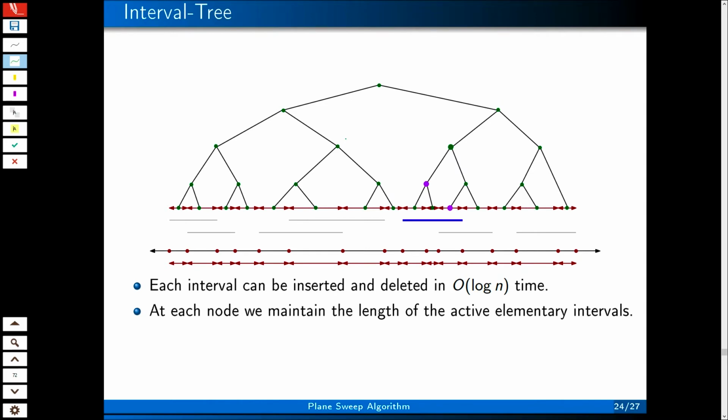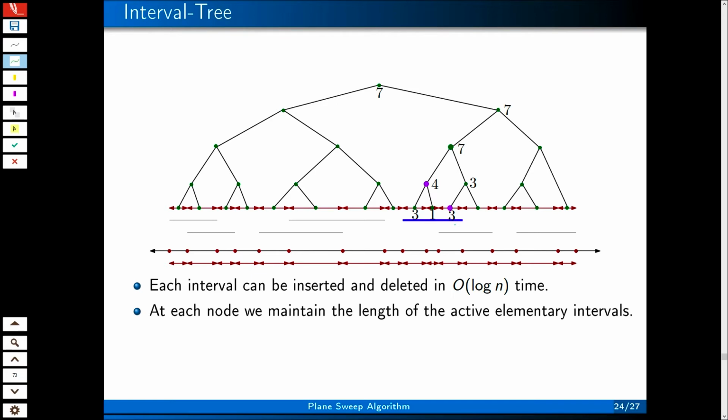While inserting, I'll start from here, move here, here, here, and here I will stop. At each node, I will store the length of the interval that is stored in this node.